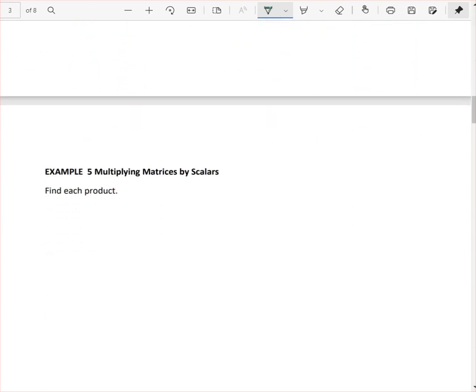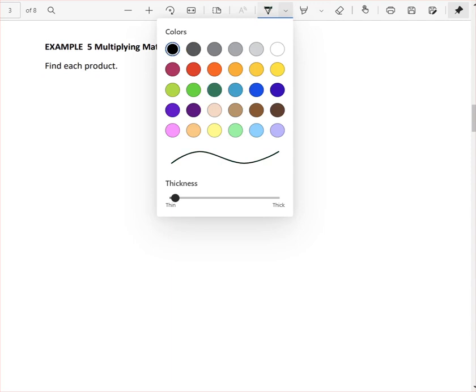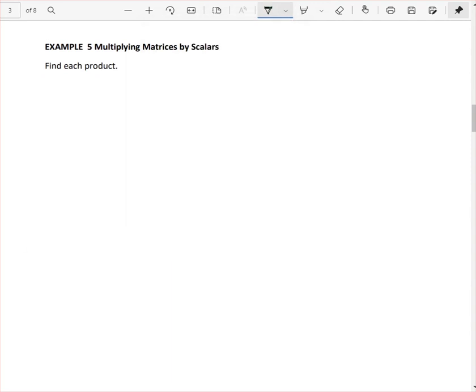Now the one that can be harder is multiplication. In order to multiply two matrices, you have to get their order, both of the matrices, and this has to be the same so you can multiply them.